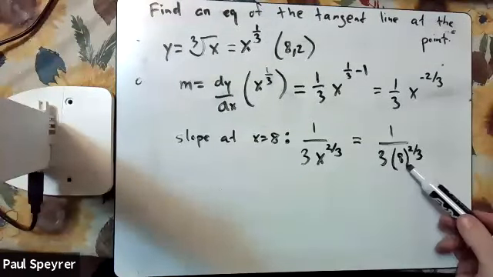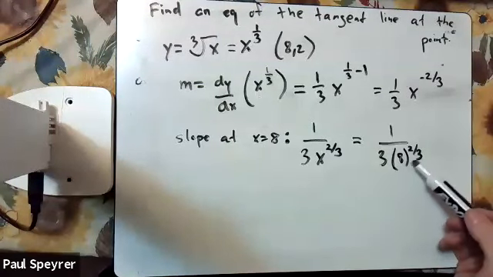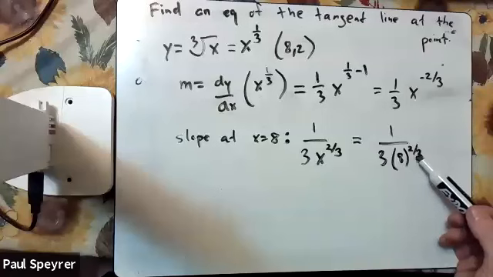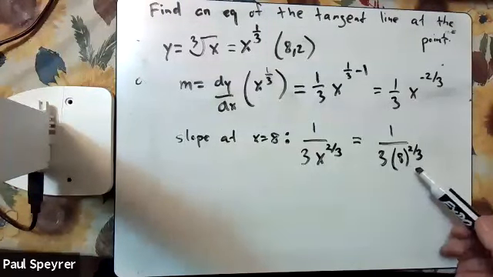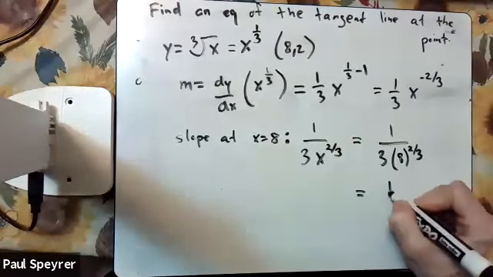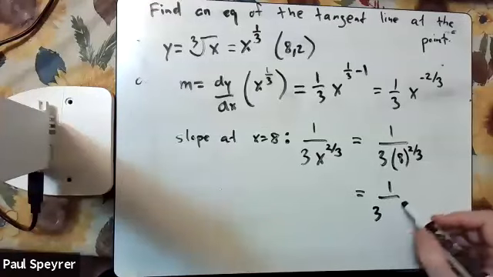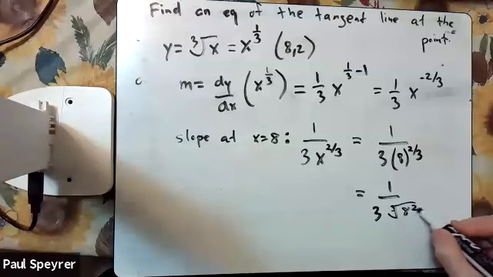So how do we evaluate 8 to the 2/3? You can plug in your calculator, right, with the caret key. But remember, fractional exponents are the same thing as radicals, right? We were converting from radical form to exponential form just a couple minutes ago. So this is really 1 over 3, and then this is the cube root of 8 squared, right?